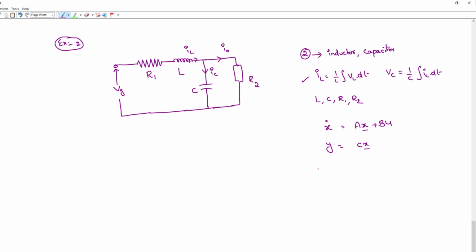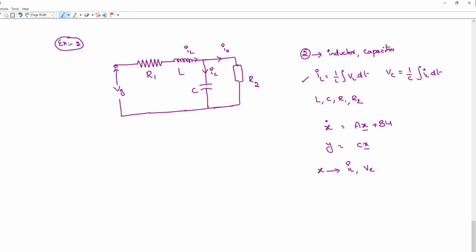Since there are two energy storage elements, one state variable is IL, another is VC. These are the two state variables. Now we have to put our equations in this form.